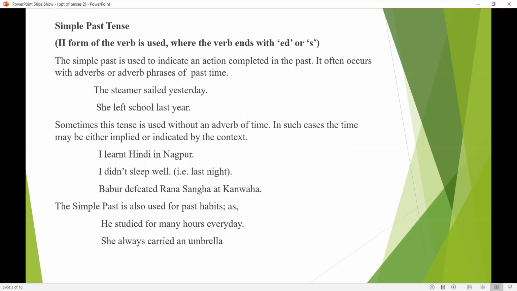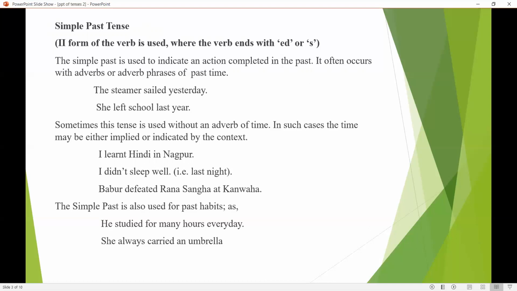Here, we will understand simple past tense. Now, the simple past tense has the second form of the verb, where the verb ends with ed generally. The simple past is used to indicate an action completed in the past.